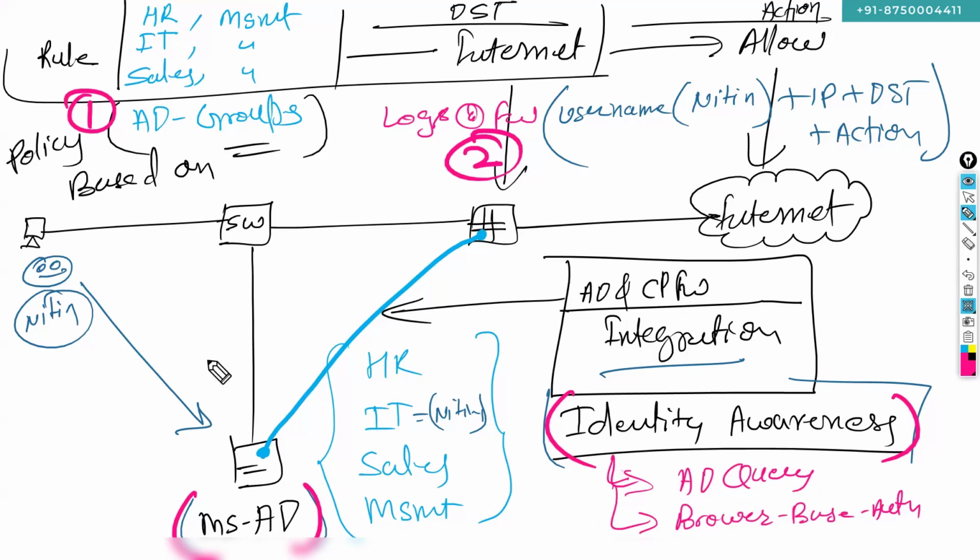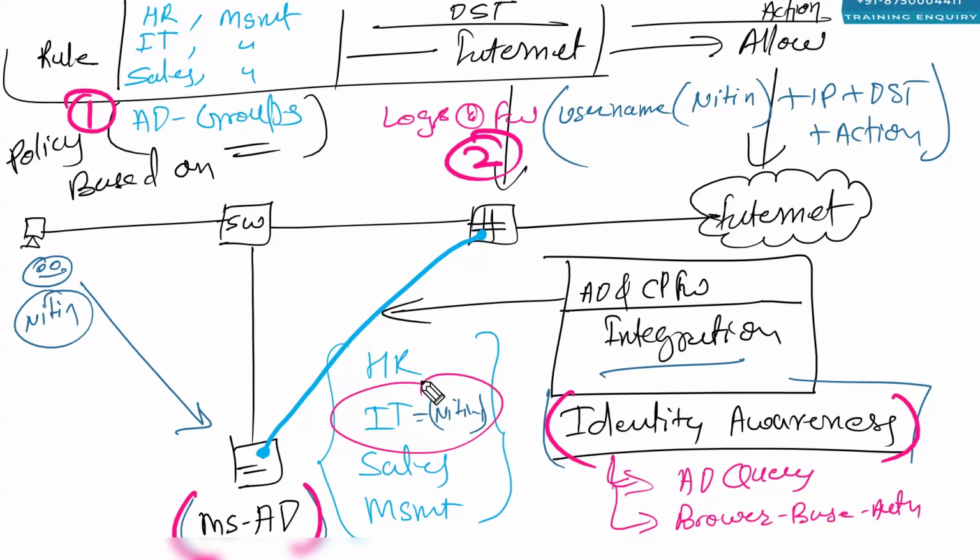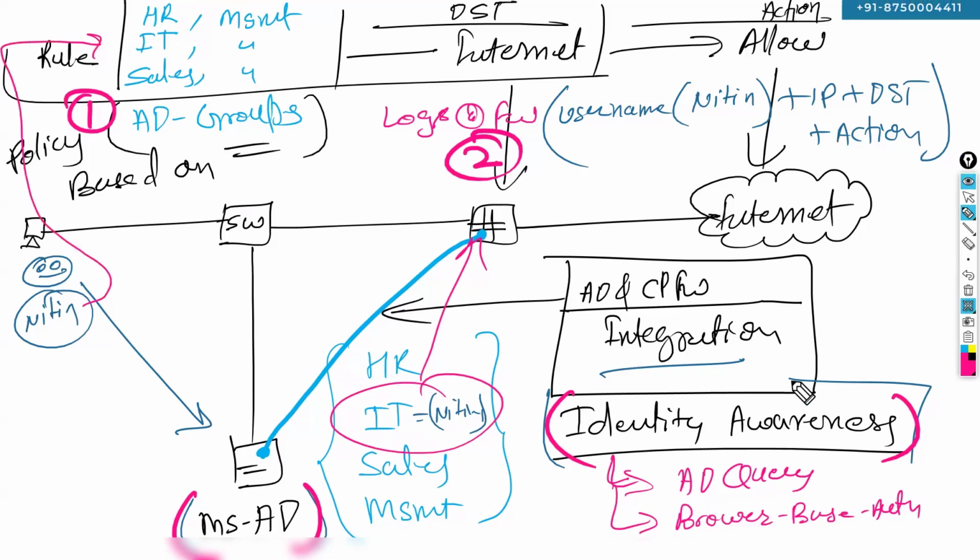In AD query, the user will join the AD and then AD will authenticate the user, and AD will also send the log information to the firewall that this user belongs to this group. This information will be sent to the firewall. Now the user is trying to access the internet through the firewall. Now the firewall already has the idea that this user Nitin belongs to the IT group and it can access the internet. So this will happen in your AD query.